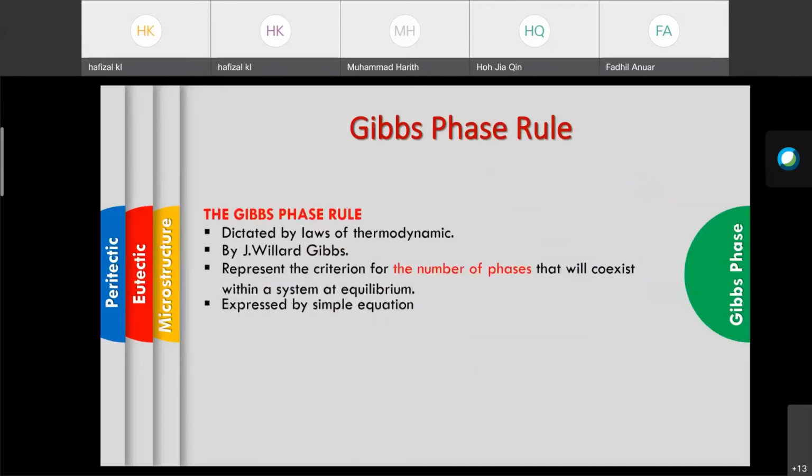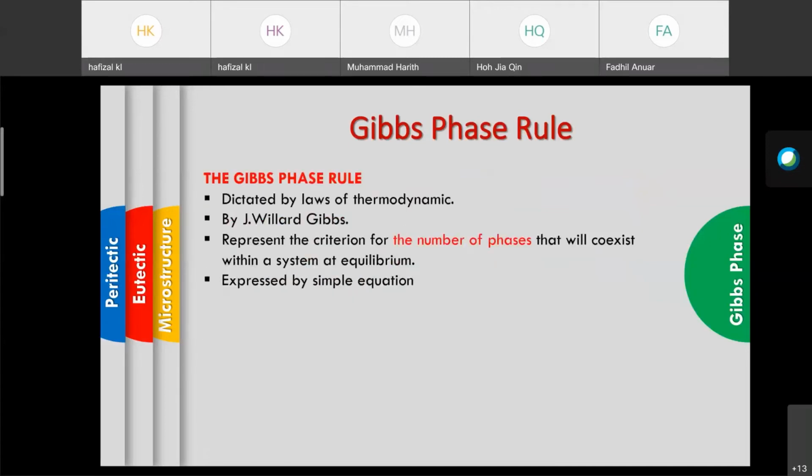Okay, so the Gibbs phase rule is basically derived from the laws of thermodynamics. This one represents the criteria for the number of phases that will coexist in a system at equilibrium.